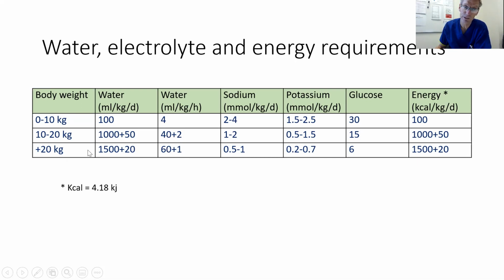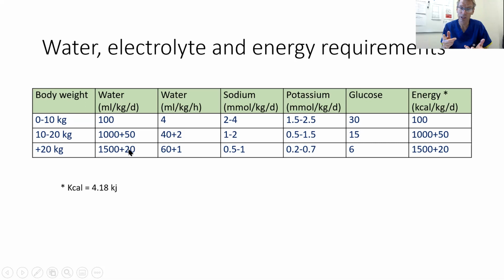So if you've got a patient who's 25 kilograms, then they'll get 1,500 mils plus 20 times 5, which is 100. So that's 1,600 mils, and that's per day. Or they'll get 60 mils plus 5 times 1, which is 65 mils per hour. And that roughly equates to 1,600 mils per day.